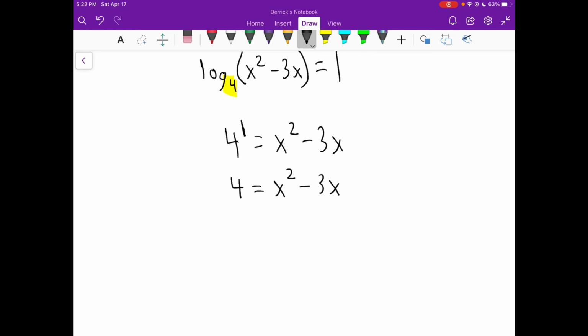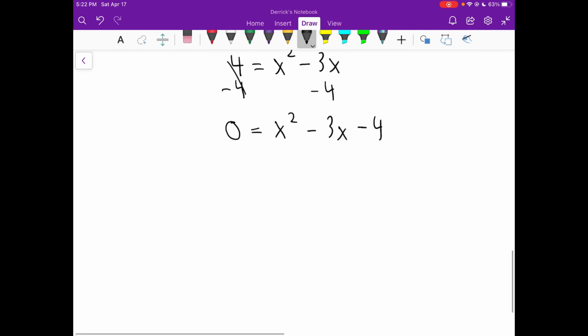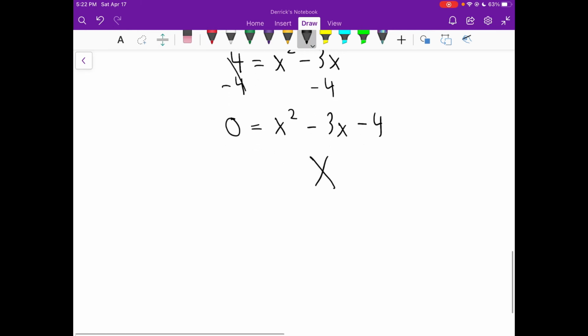If I'm going to factor, I need to get it set equal to 0, so I would subtract 4 over here, giving us 0 equals x squared minus 3x minus 4, which would mean that I am looking for two numbers that multiply to negative 4 but add to negative 3. In this case, negative 4 and positive 1.